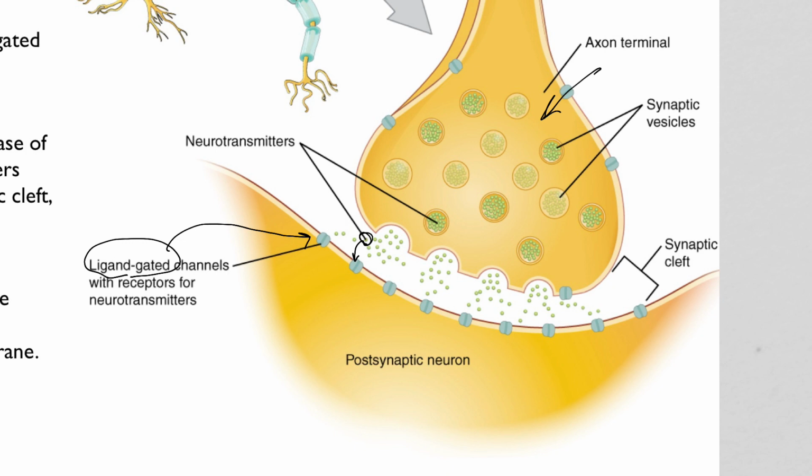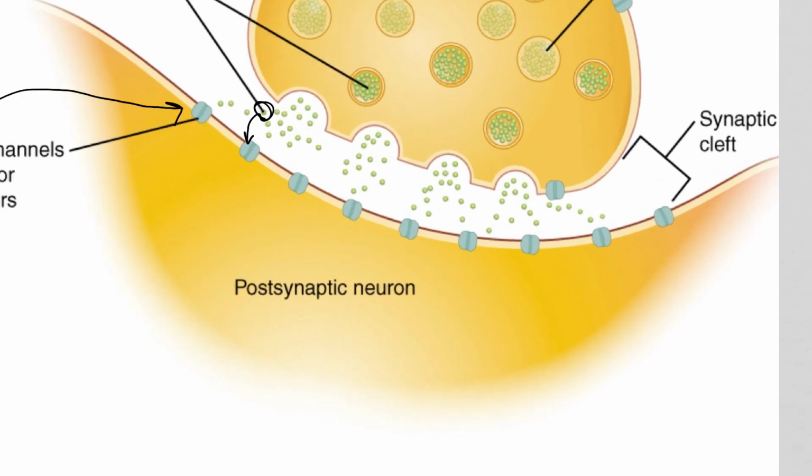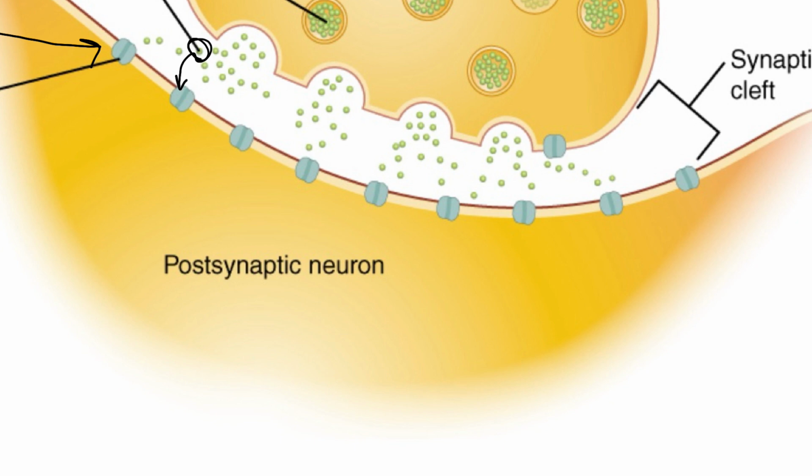In this example of these being ligand-gated ion channels, let's pretend for a second that this is a ligand-gated sodium channel. What that means is that when our neurotransmitter binds to our receptor, we expect it to open, and they're not really showing us sodium here. But remember, sodium is built up around the exterior of all membranes at all times.